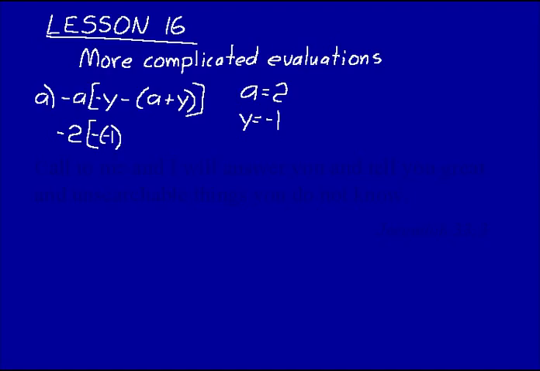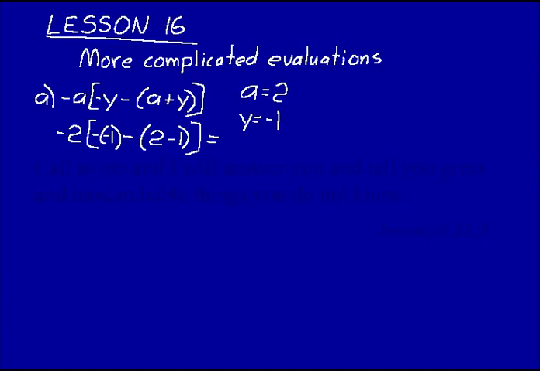Since we're substituting a -1 in, we should put that in parentheses to distinguish the negative of the -1 from the negative in front of the Y. Put the minus sign here, and then parentheses A plus Y, so we'll have 2 plus a -1, or we can just write 2 minus 1. And then put our bracket there.